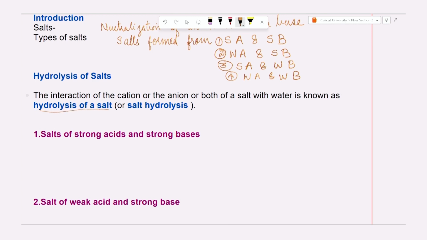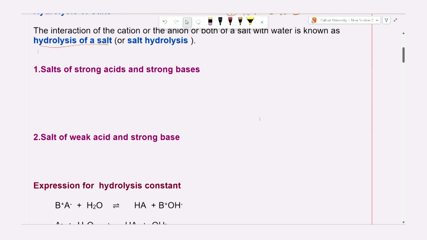Now, I told you that you have different types of salt. So, we will see the hydrolytic effect on each type. The first category I am going to take is a salt from strong acid and strong base. Let me take the acid HCl with the strong base KOH, you will get KCl and water.